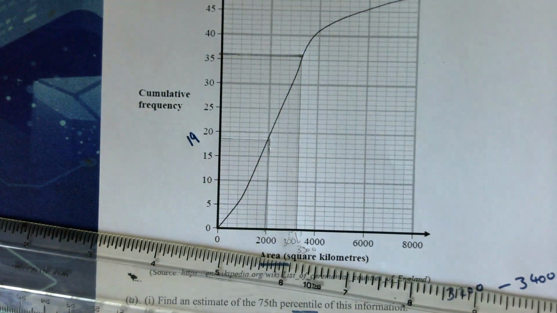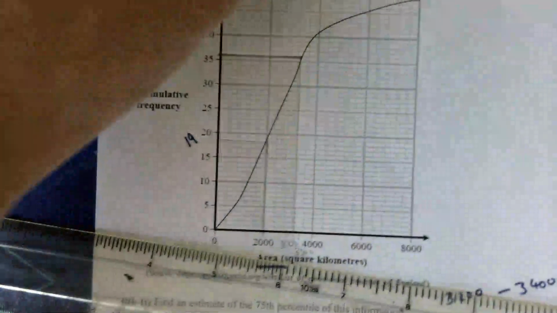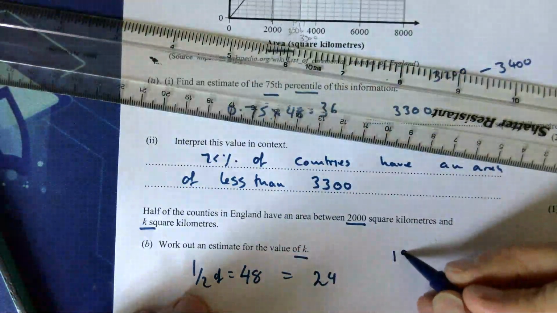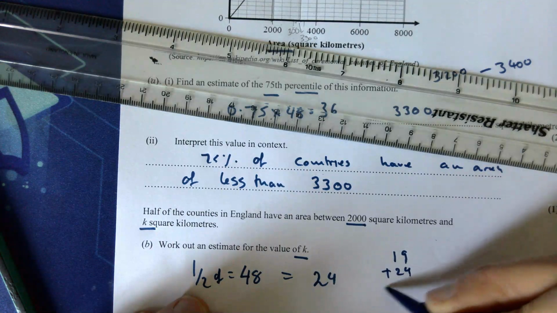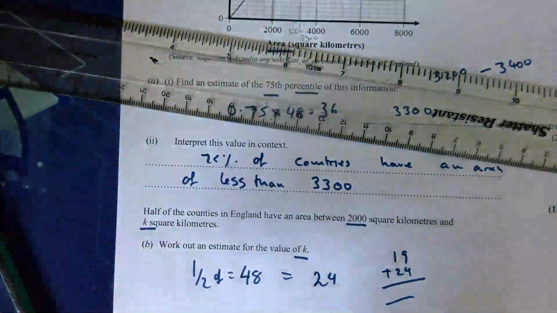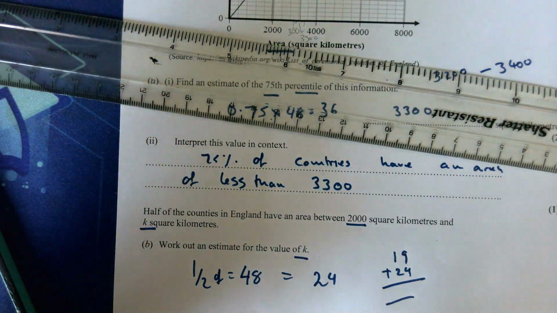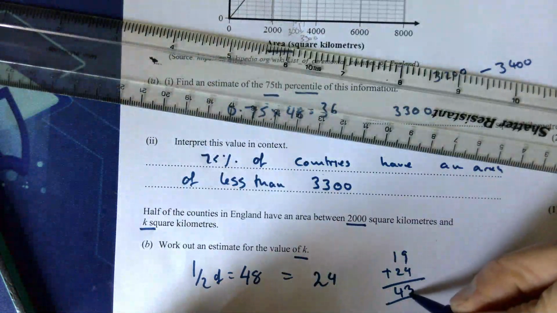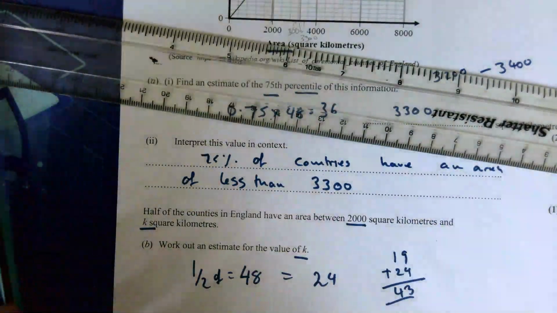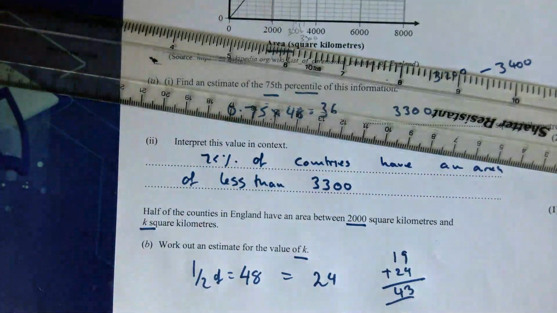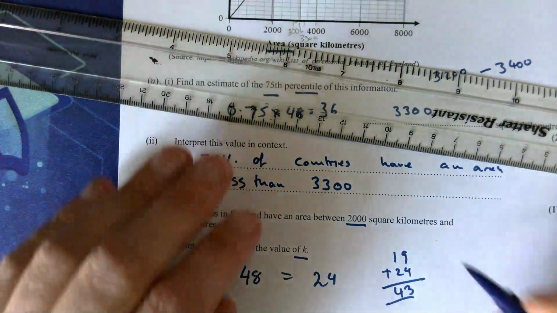I'm just going to write that 19 down. I'm going to add the 24 to give me, I know it's 43, but I'm just going to do it on my calculator. 43. So I'm now going to read off the value of 43.